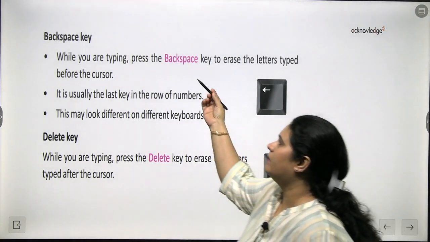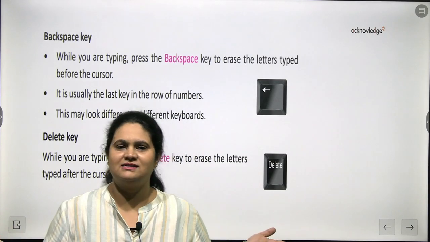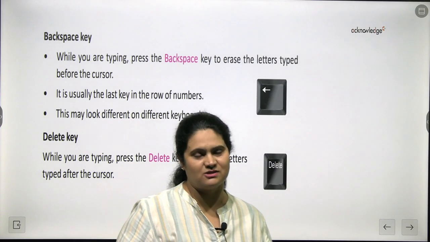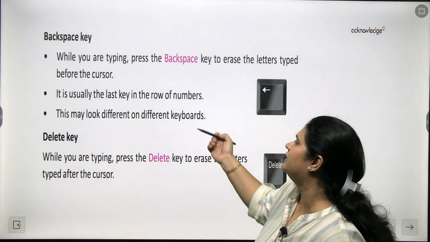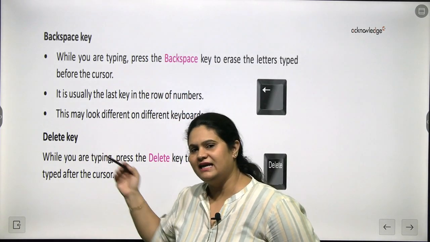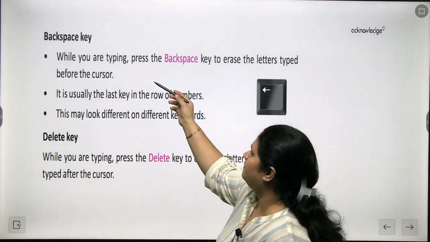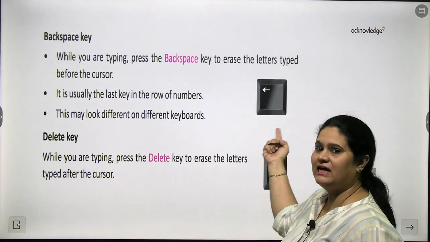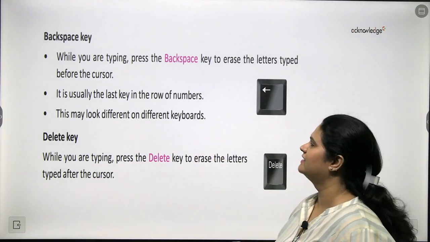Now, let's talk about the backspace key. Children, we are humans and we will make mistakes. We are not computers. So, what will you do if you commit some mistake? Yes, you will use the backspace key or the delete key for the same. How do you use it? So, while you are typing, press the backspace key to erase the letter typed to the left side of the cursor or before the cursor, right?